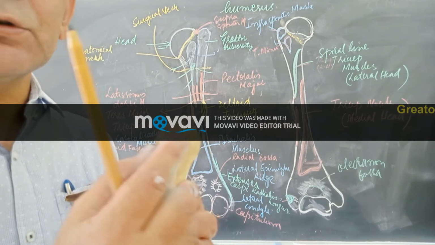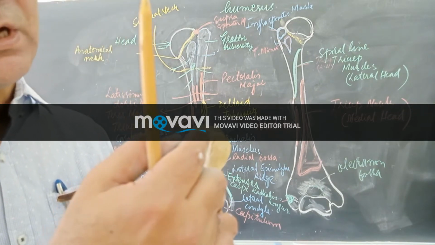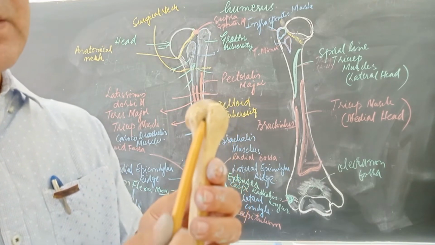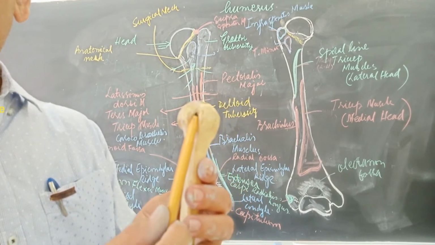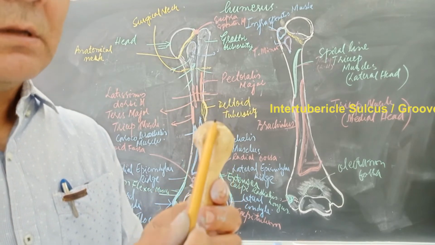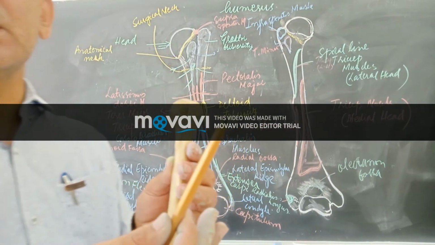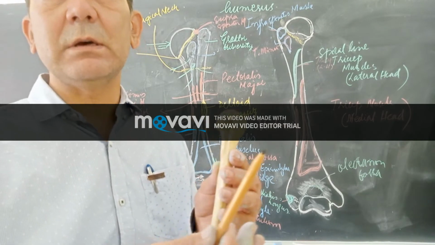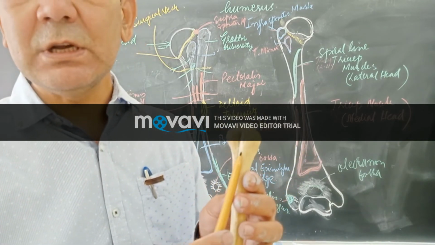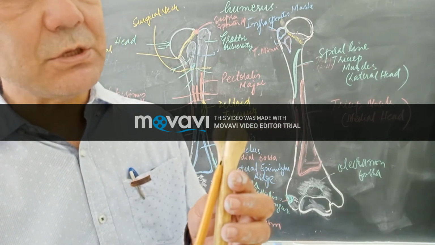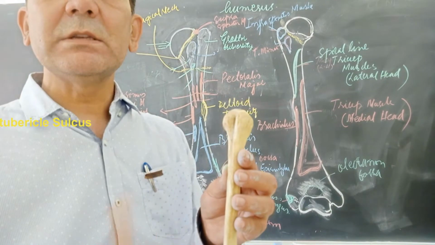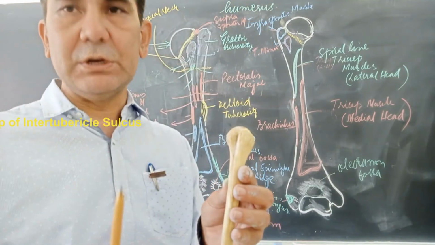And between these two tuberosities is the intertubercular groove or intertubercular sulcus. Both names are written in the books. From the intertubercular groove, mostly the biceps muscle's tendon passes.